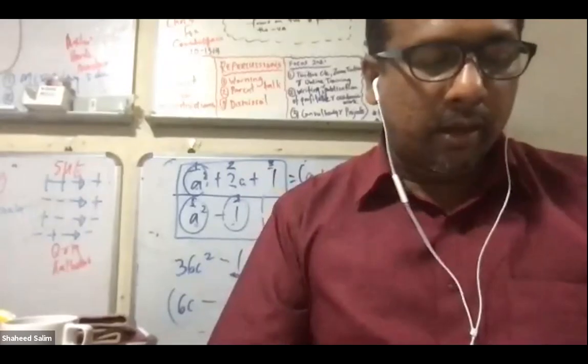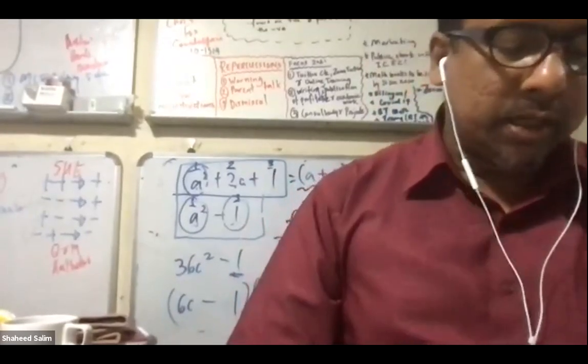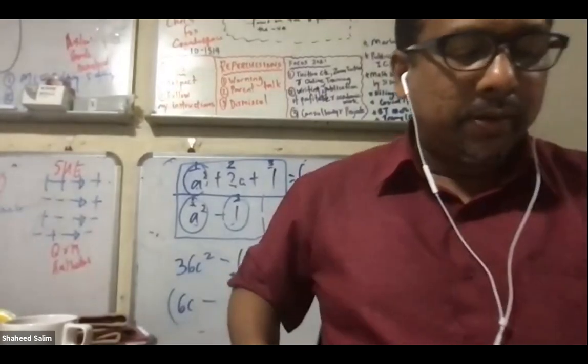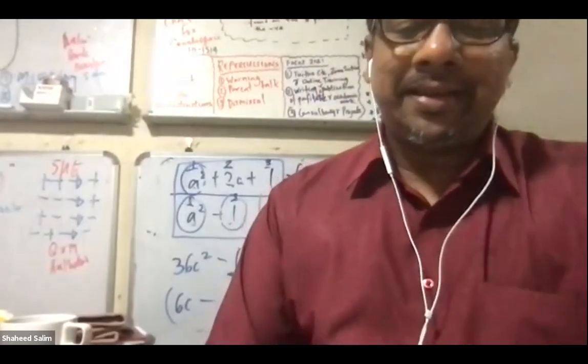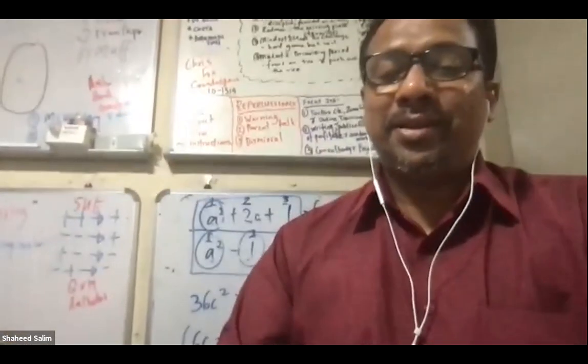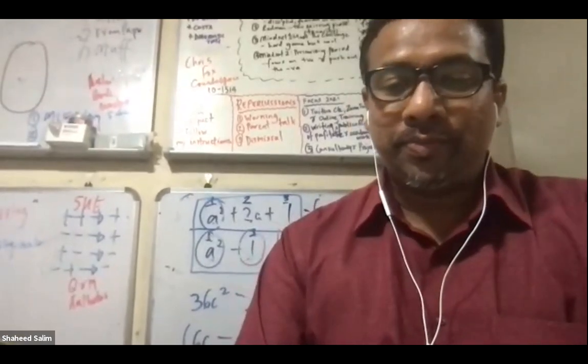H squared minus k squared. Good. Okay, now H. Be careful with H. Oh, okay. They're playing a trick on you. H. Okay, yeah, similar. But I leave it to you.